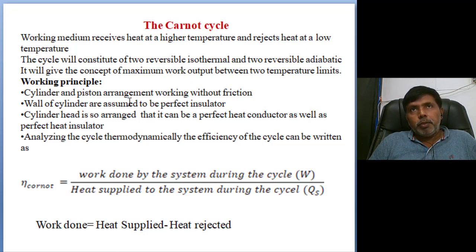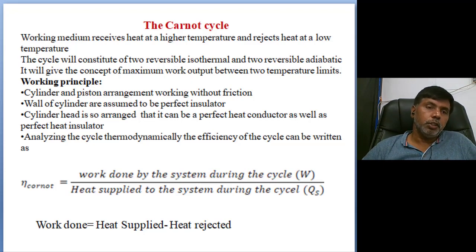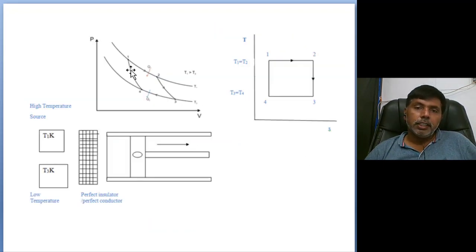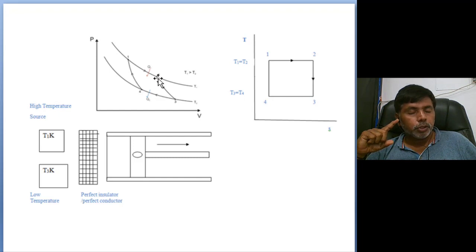Why is the maximum possibility achieved in the Carnot cycle? I will show the PV and TS diagram. The Carnot cycle consists of isothermal heat addition and adiabatic expansion. In isothermal, the area under the PV diagram gives the maximum work output. In isothermal heat addition, work is also produced. In the derivations it is shown that the heat supply and work done equations are the same.